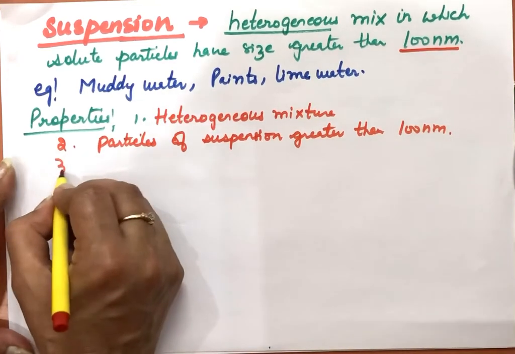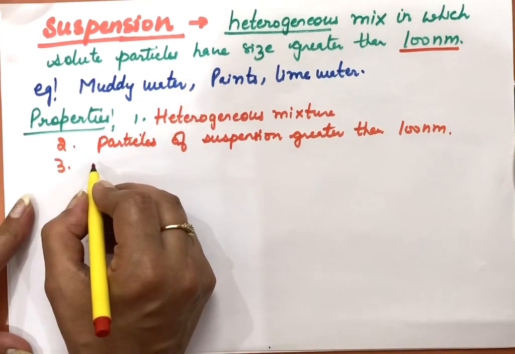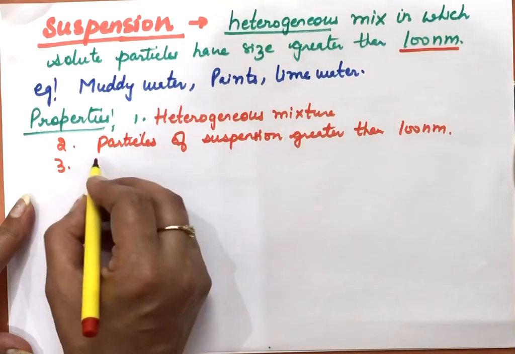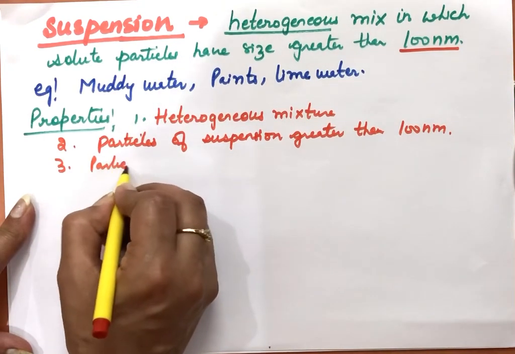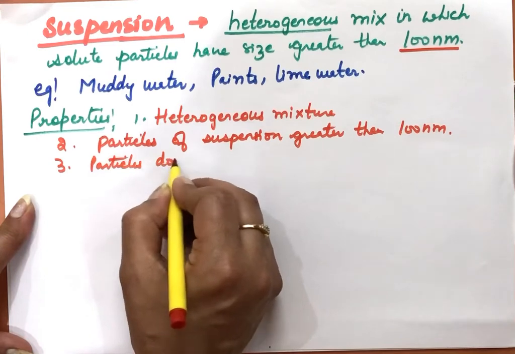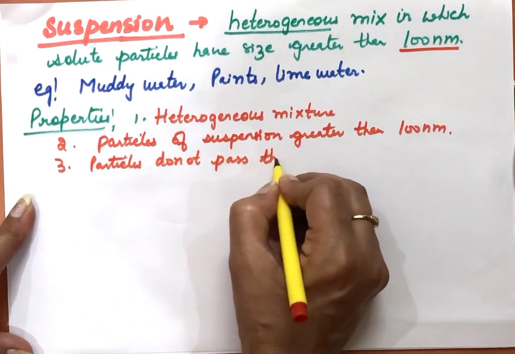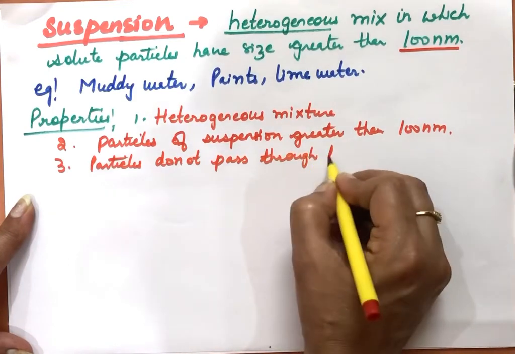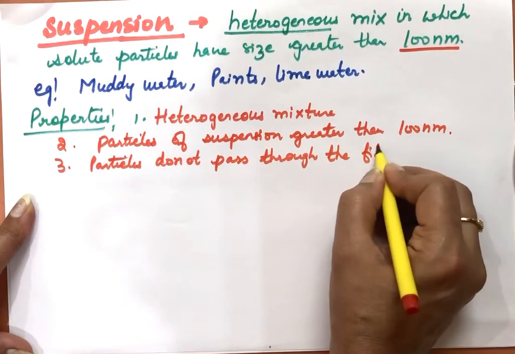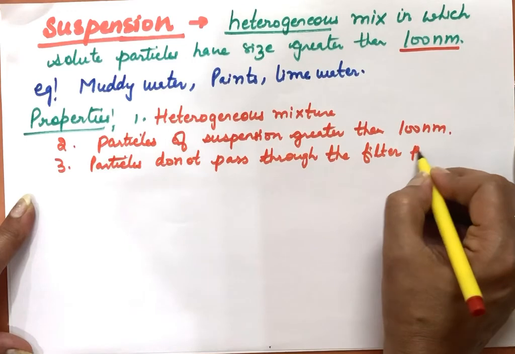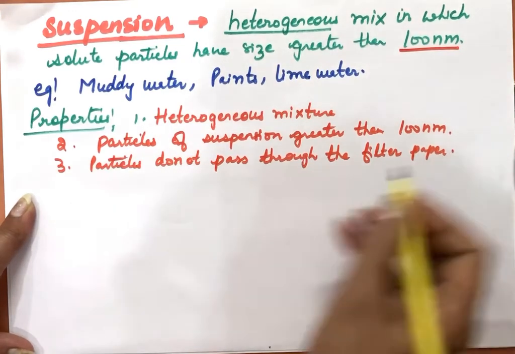If particles are of big size and when we do the filtration of this solution, then what will happen? The particles, since they are very big, will not pass through the pores of filter paper. So particles do not pass through the filter paper. That means we cannot separate the solute from solvent by doing the filtration.